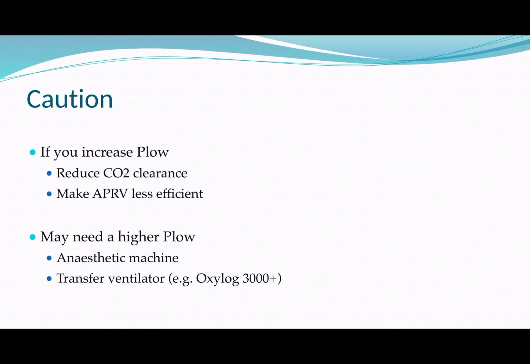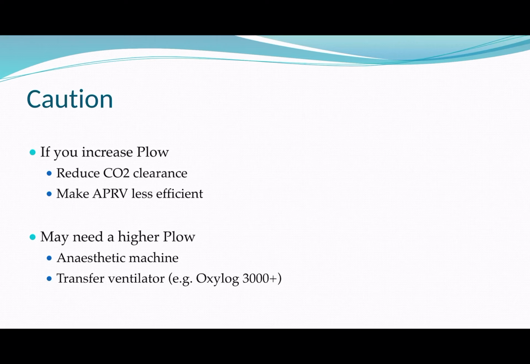There are a few occasions where you need to think about having a higher P low, and that is where you're using a ventilator that is not an intensive care ventilator with an APRV mode. If you're trying to use other ventilators like a transfer ventilator or an anesthetic machine ventilator, they don't have as efficient valves, and so they're not able to open and close their valves as quickly and as efficiently.